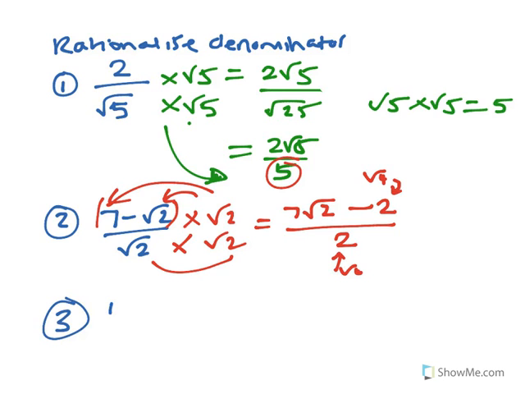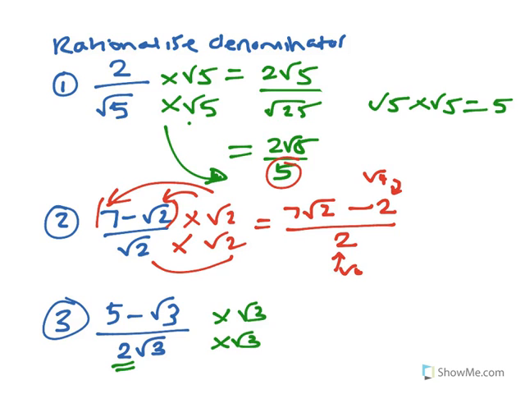The other thing to think about is if I have 2 things on the bottom, you don't have to rationalise the 2, so it's sufficient just to multiply by root 3. Because when you multiply the bottom by root 3, you get 2 times root 9, and the root 9 will then become a 3.